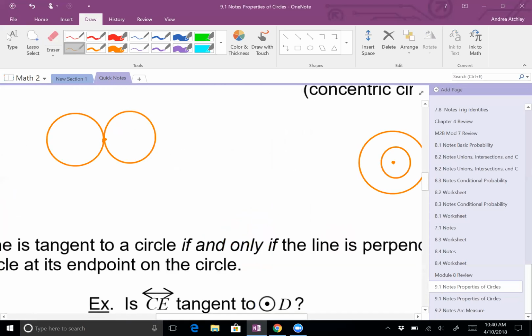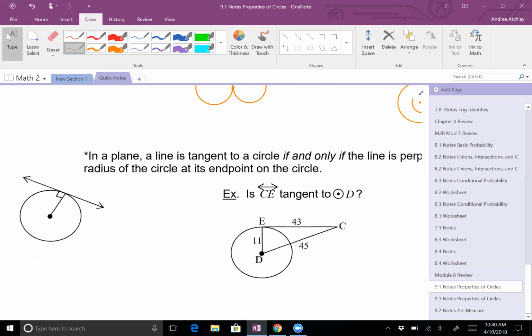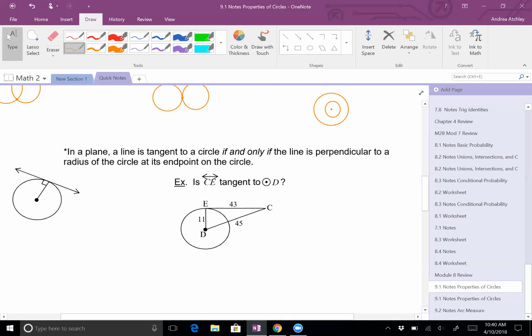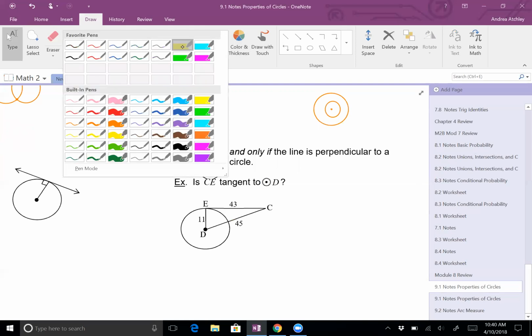Okay, next. In a plane, a line is tangent to a circle. I can only prove a line is tangent to the circle if the line is perpendicular to the radius of the circle at its endpoint on the circle. So that's something we need to memorize, so let's highlight that.